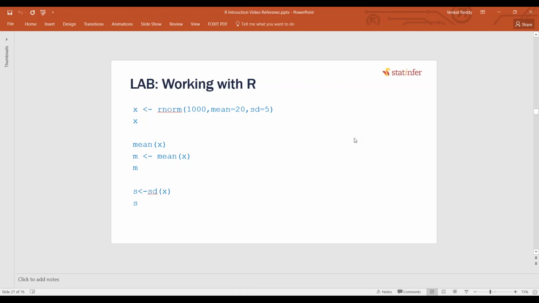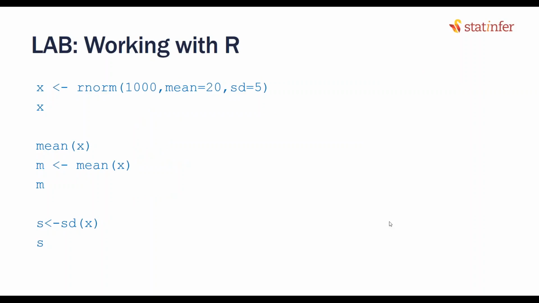Done. Tell me the value of m, and tell me the value of s once you're done with this. We are assigning the mean of x to m, and we are assigning the standard deviation of x to s.